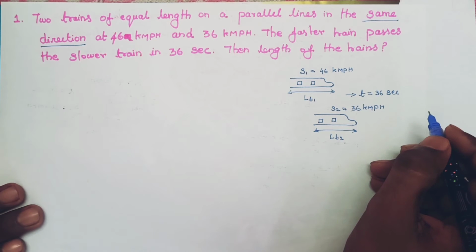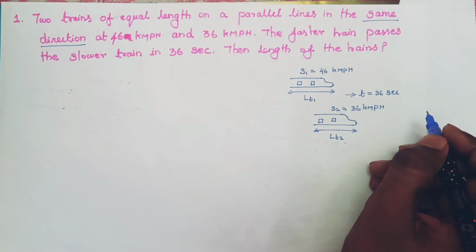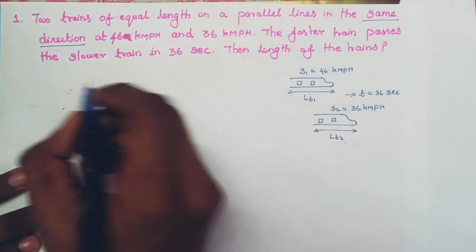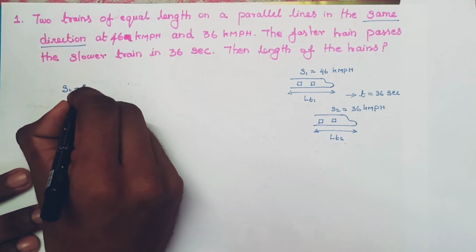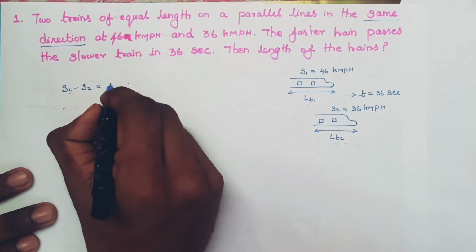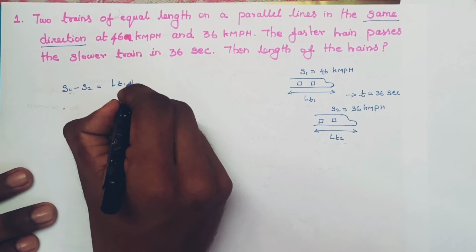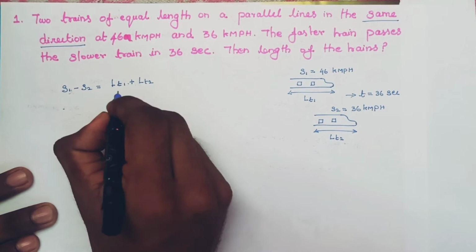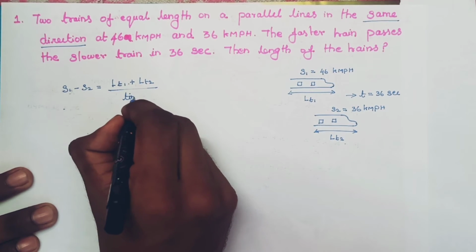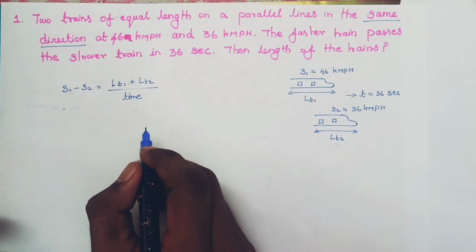So what is the formula if both the trains are in the same direction? S1 minus S2 equal to LT1 plus LT2 divided by time. It's the formula that we saw initially.